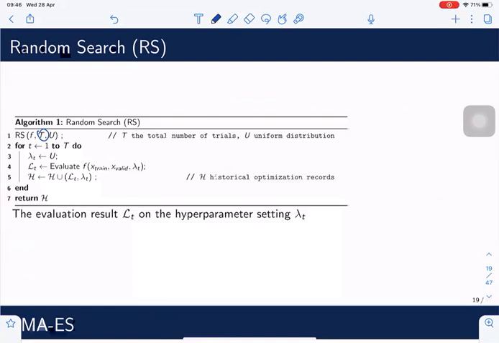It means how many evaluations you will do, and every time you use a uniform distribution to sample a new candidate lambda t, evaluate lambda t, and record the optimization information by h. After all, you get the h, and by sorting the h, you will find the best solutions, right?